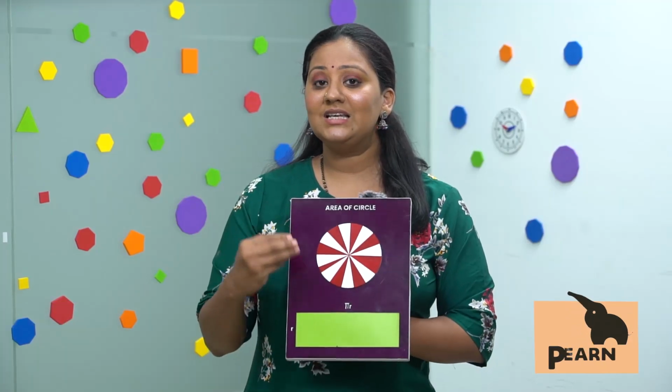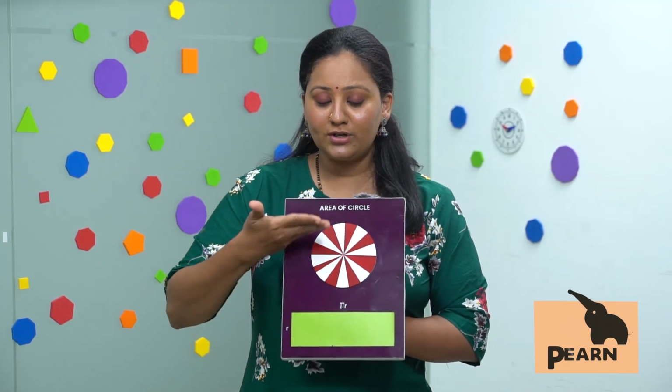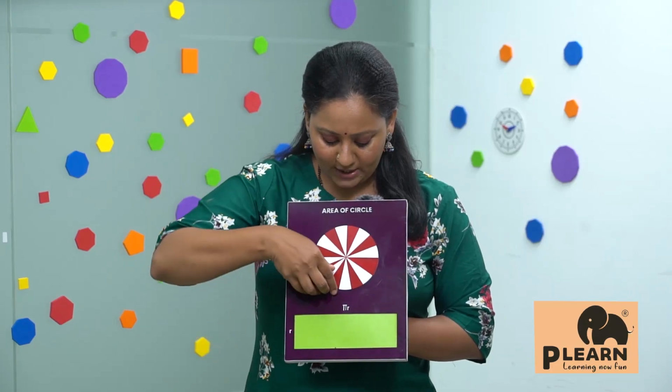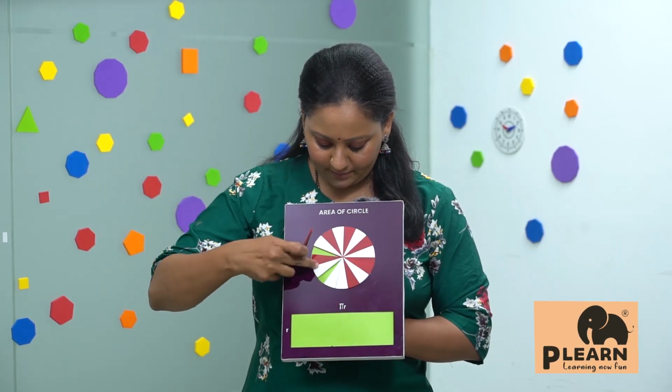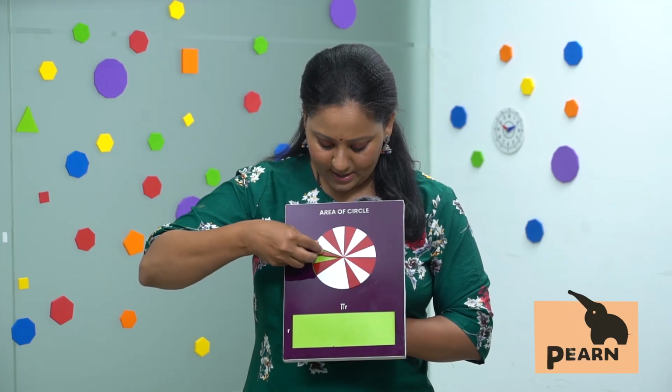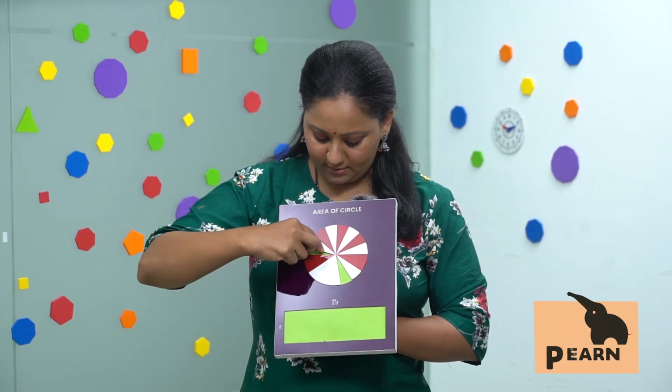Now, first let's rearrange this in such a manner to form two semicircles. So I'm going to rearrange this in such a way, like I'll put all the whites together and I'll put all the reds together.